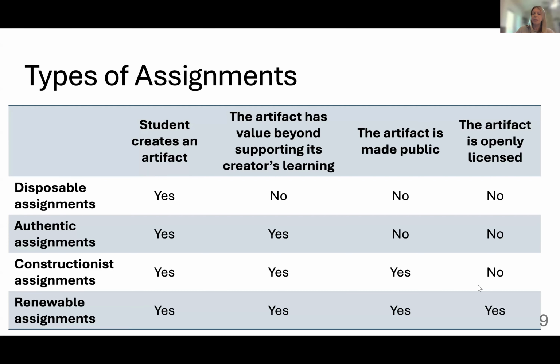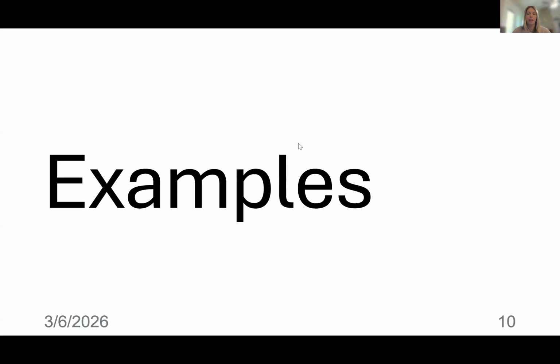This could be something like taking those research posters to a research symposium and presenting them locally at their campus, all the way to posting them online with open licenses. And things can fall anywhere in between all of these, right?